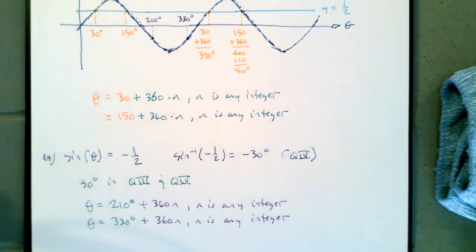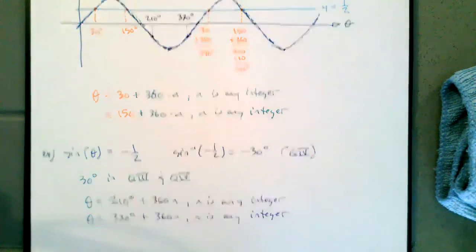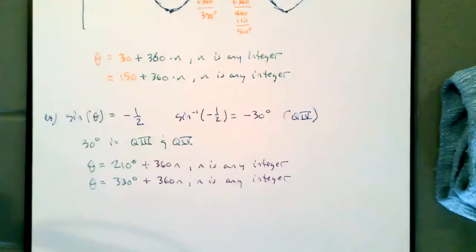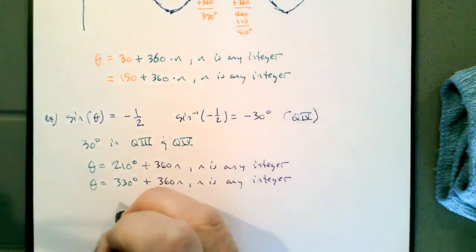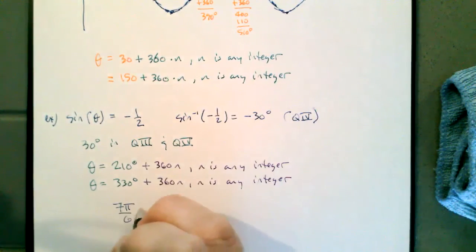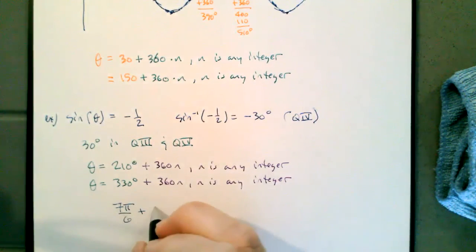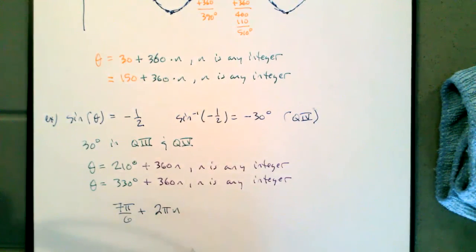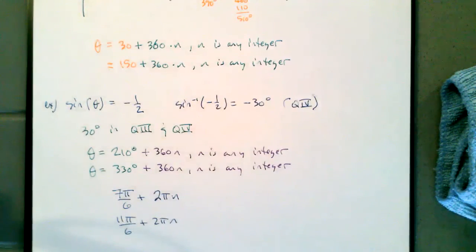And we should recognize these in radians as well. So 210 is 7 pi over 6, and 330 is 11 pi over 6. In that case, we would be adding 2 pi times n. So we should also be able to say 7 pi over 6 plus, now since we're in radians, a full circle is 2 pi, and 11 pi over 6, because that's the 330. So there will be all of our solutions in radians.